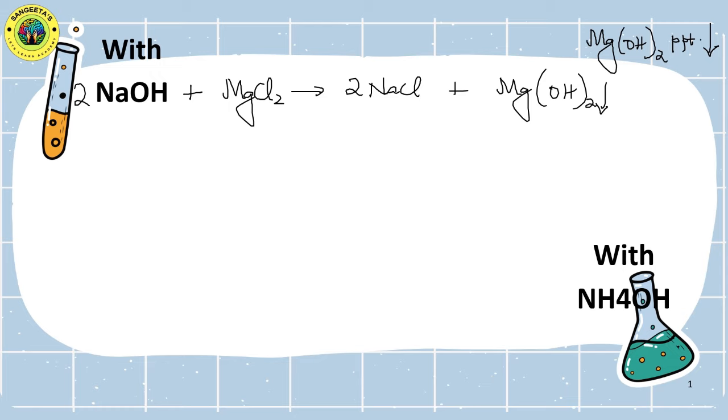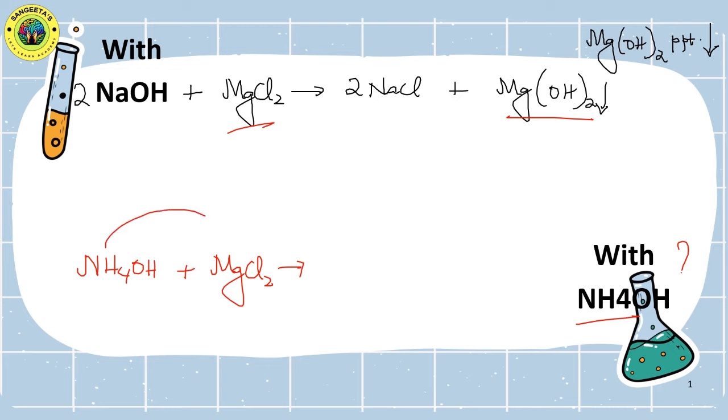This is magnesium hydroxide. With NH4OH, how do you get the same product, Mg(OH)2? So we will take NH4OH and the same MgCl2, and we will get NH4Cl plus Mg(OH)2.